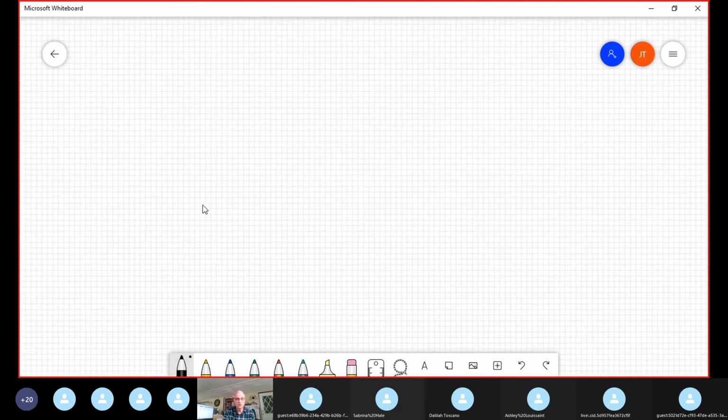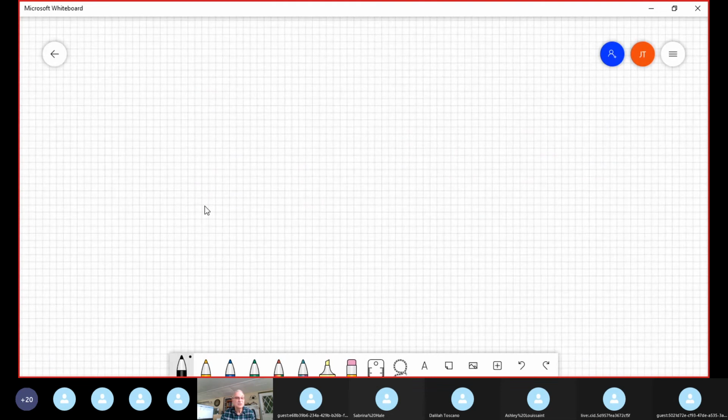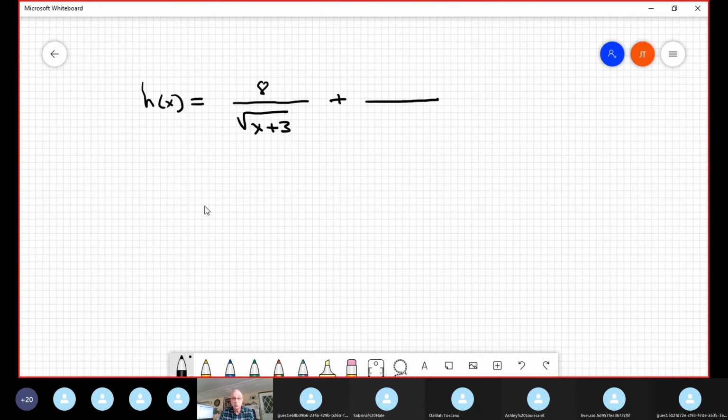In question C, we have the function h of x is equal to a over square root of x plus 3, plus square root of x minus 4, divided by square root of x plus 8. Okay. Do you have restrictions? Yes, we have 1, 2, and 3 restrictions.